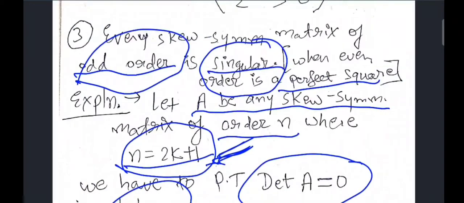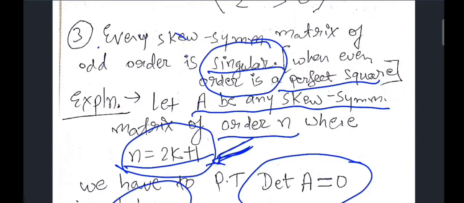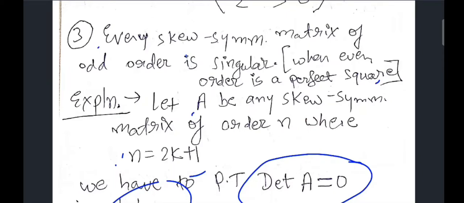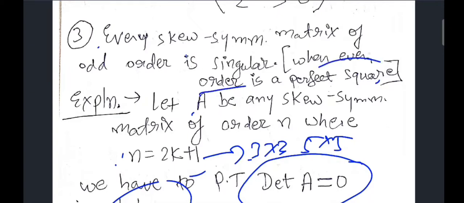You can clearly see that in case of odd order it is singular, and in case of even order, that is n equals 2k, when the order is even, meaning 2 cross 2, 4 cross 4, 6 cross 6, 8 cross 8, like that. Over here we are discussing the case of 3 cross 3, 5 cross 5, 7 cross 7, 9 cross 9 matrices, etc. In the even order case it will be a perfect square.